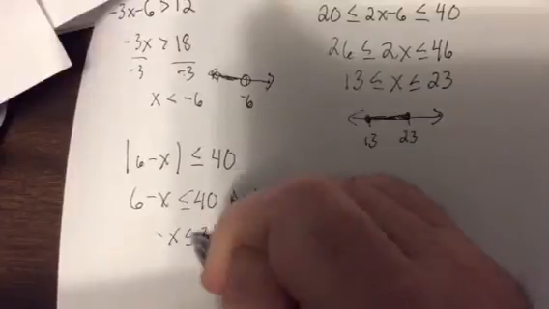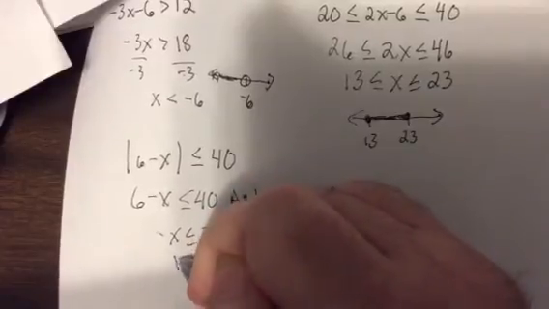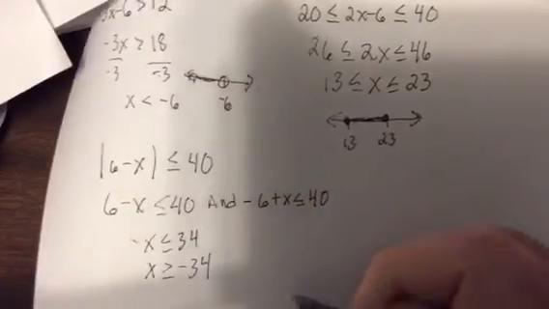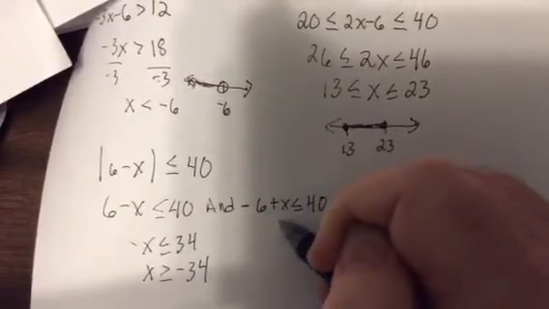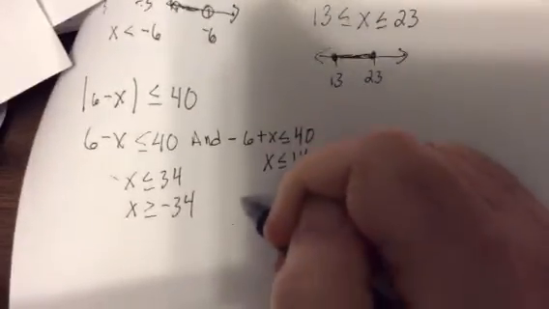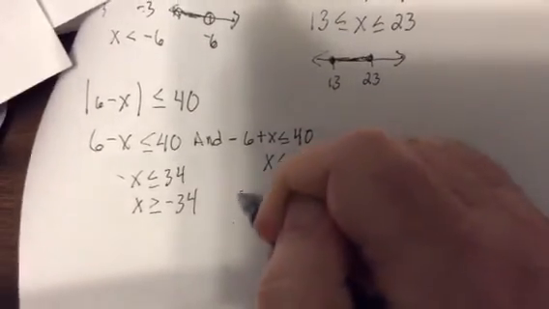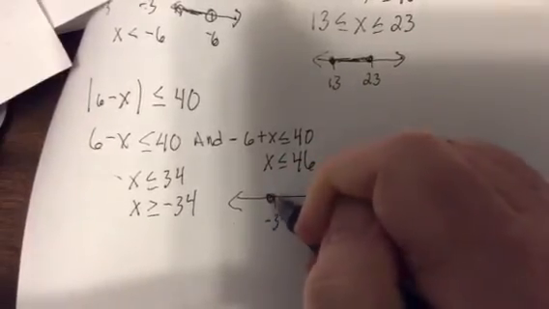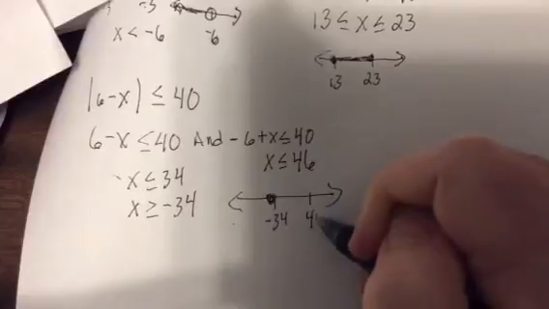Then I'm going to take the opposite. Whenever you multiply by negative, you switch the inequality. And here you're going to add 6 to get the x by itself. So the answer would be everything between negative 34 and 46.